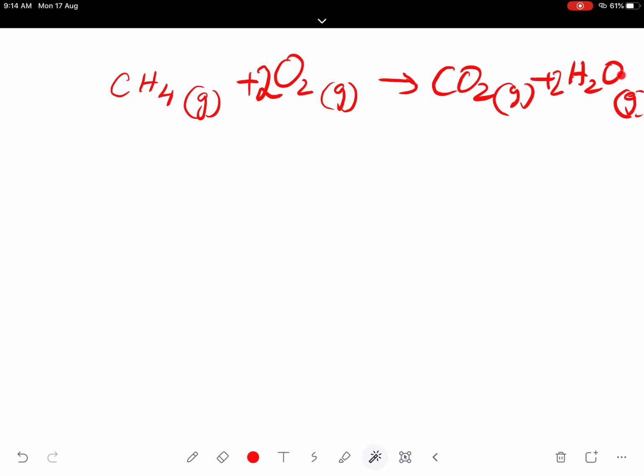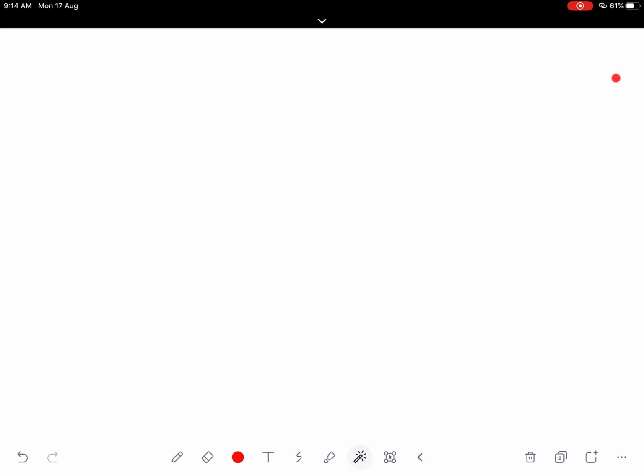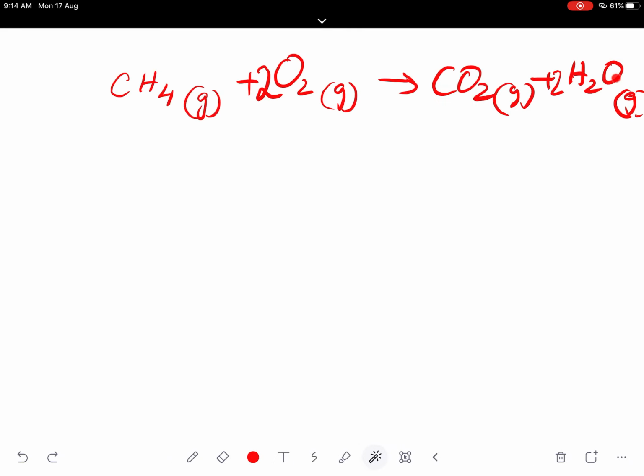This 2 is common for all, so this 2 is for this oxygen also. So we have all the atoms balanced. Now let's see what all information this balanced chemical equation provides for you.